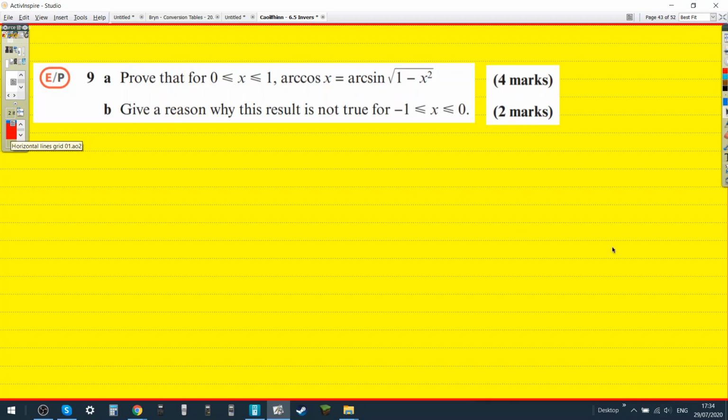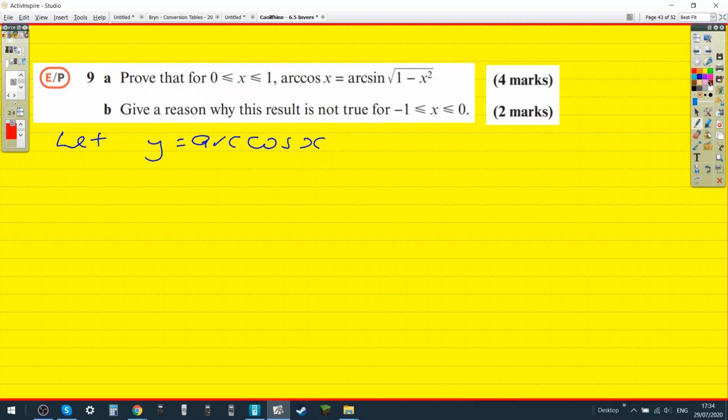Okay, hold on. Let's do a again for your sanity. So the big trick here is let y be equal to arc cos x. What's the first step? Swap y and x.